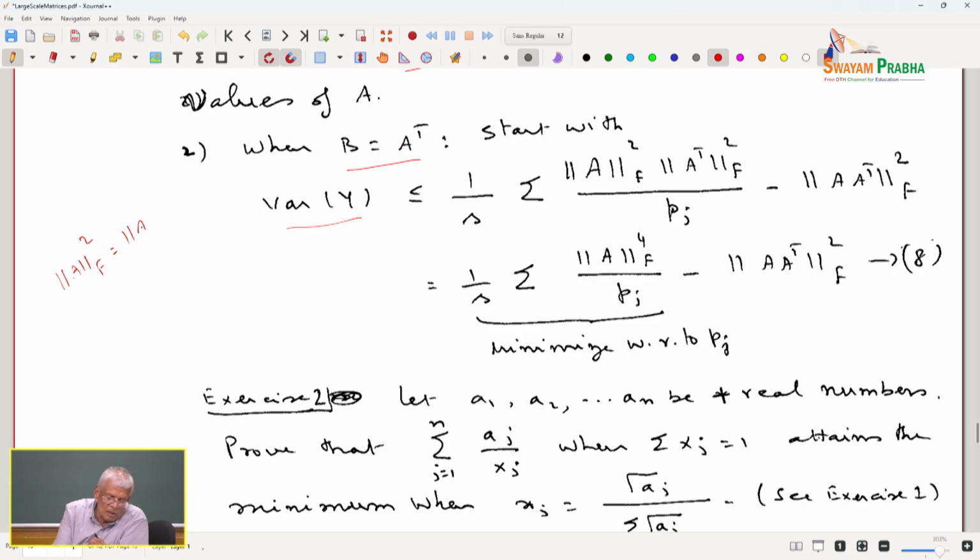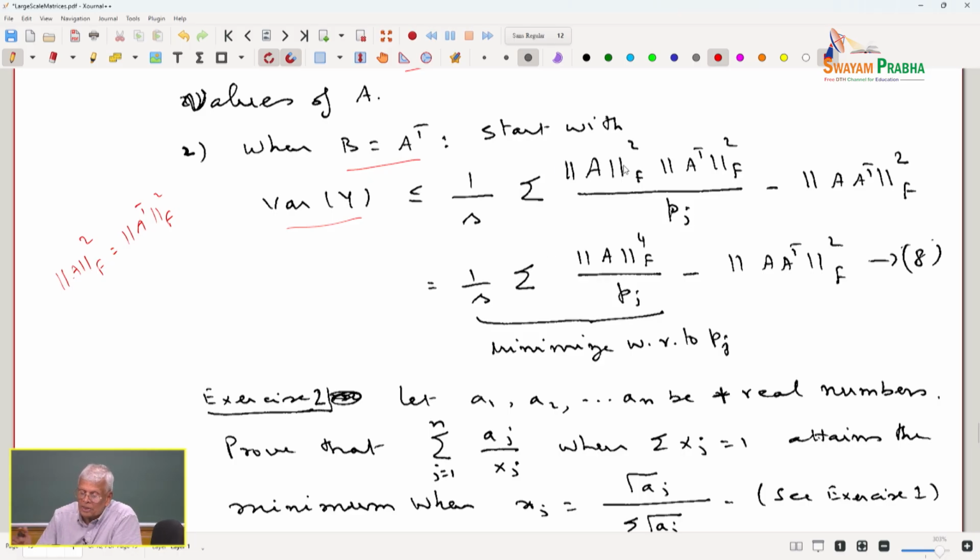Why? It is simply the sum of the squares of the elements of A. Even though as matrices A and A transpose are different, the sum of the squares of the elements in A is the same as the sum of the squares of the elements in A transpose.